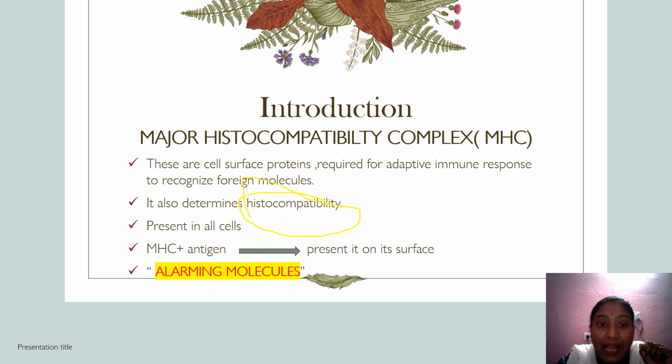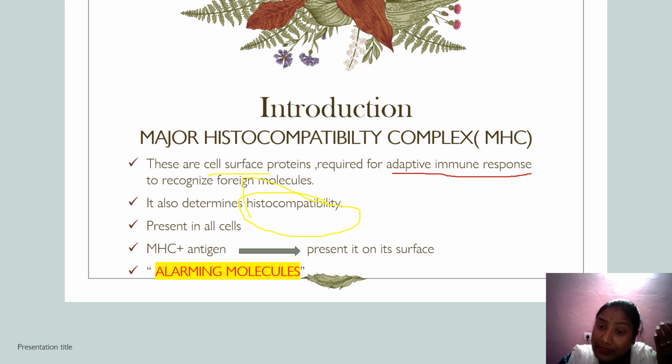So just before that, we will quickly go to what these MHC molecules are. These are cell surface proteins. Kindly note it down. This is a cell surface protein required for adaptive immune response. So this MHC is responsible for adaptive immunity to recognize the foreign molecules.